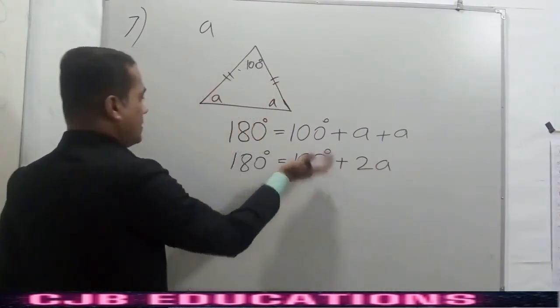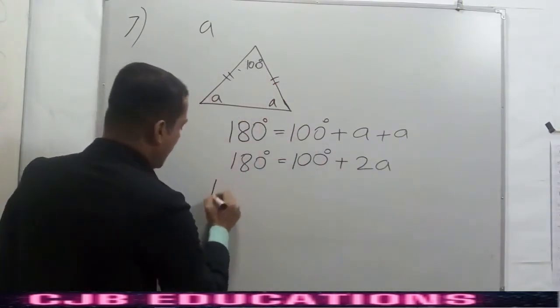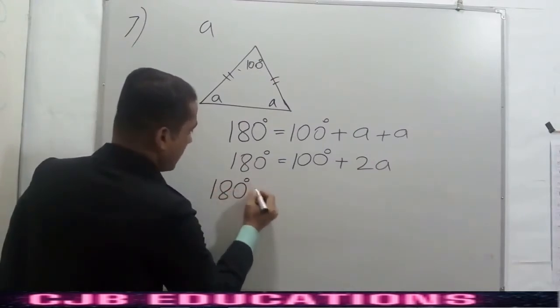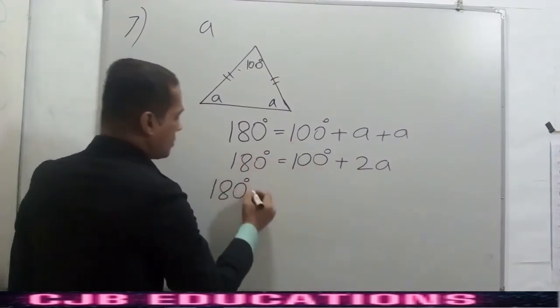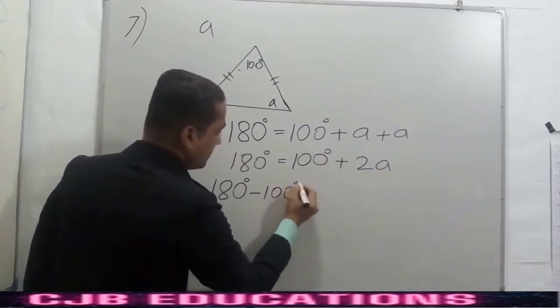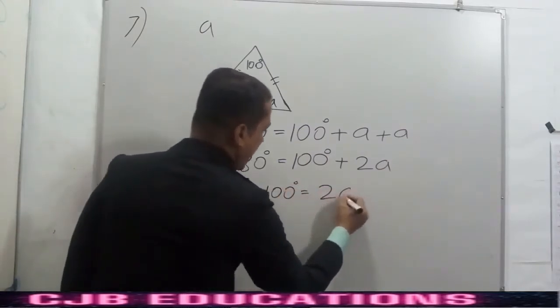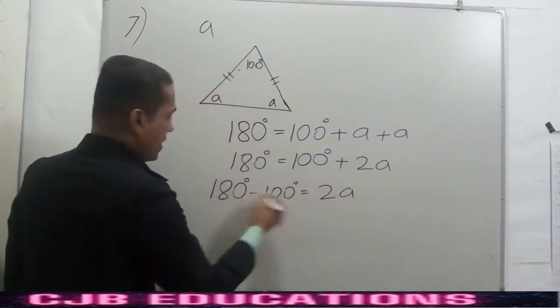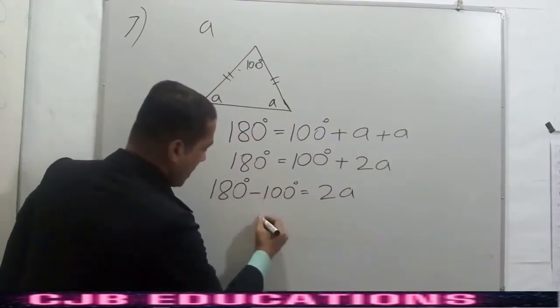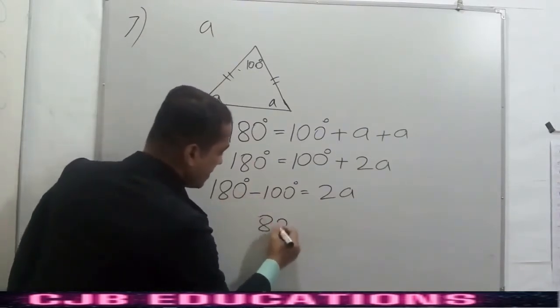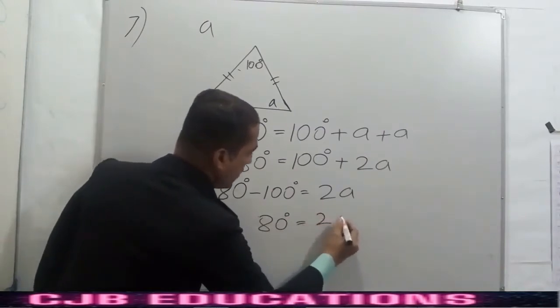Then we take this 100 to this side, plus 100 becomes minus 100. Then after simplifying, 80 degrees equal to 2A.